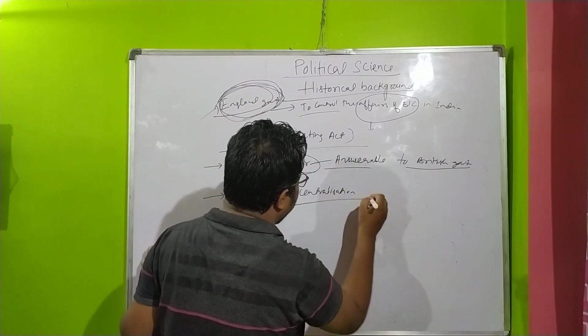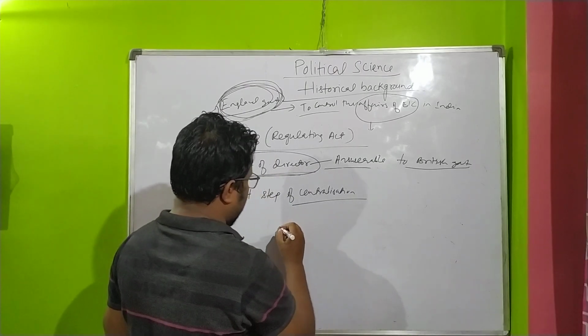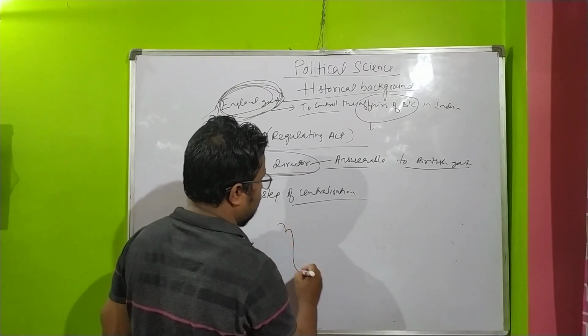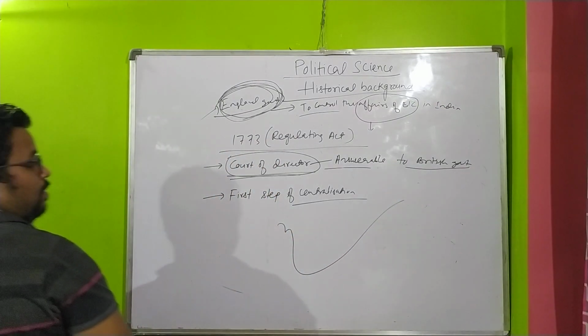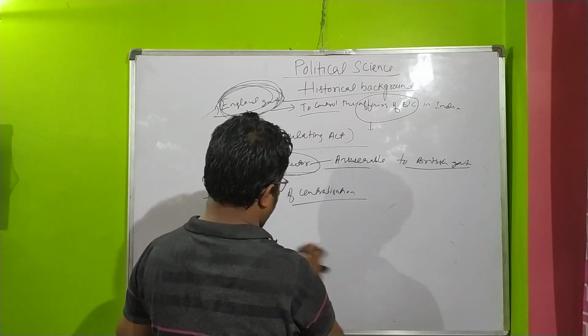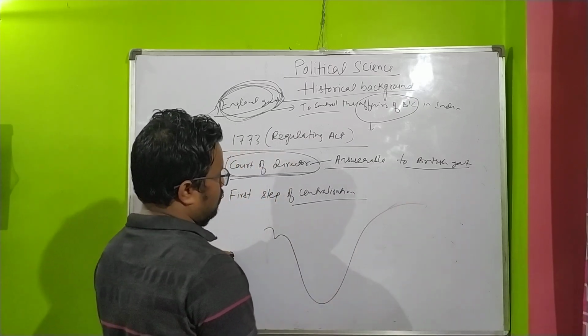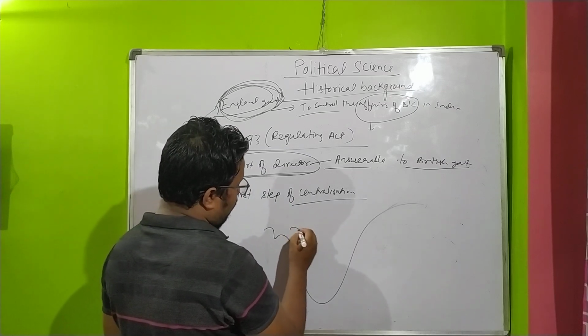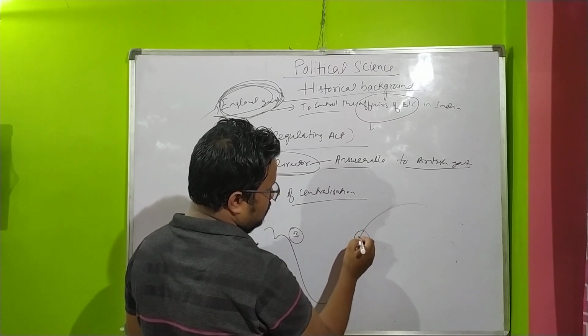Now what do you mean by that? You see, suppose, okay, this is not clear. Let me do it nicely. This is the Bombay Presidency. This was the Madras Presidency.